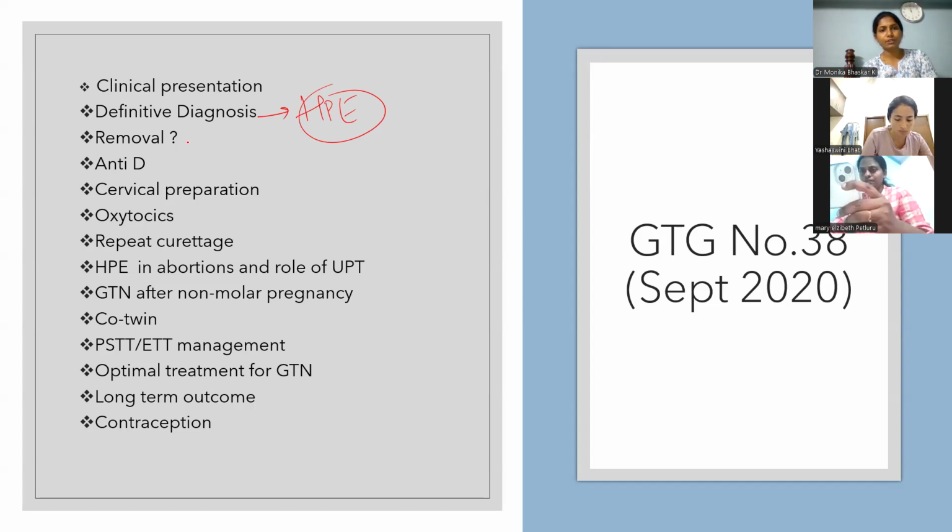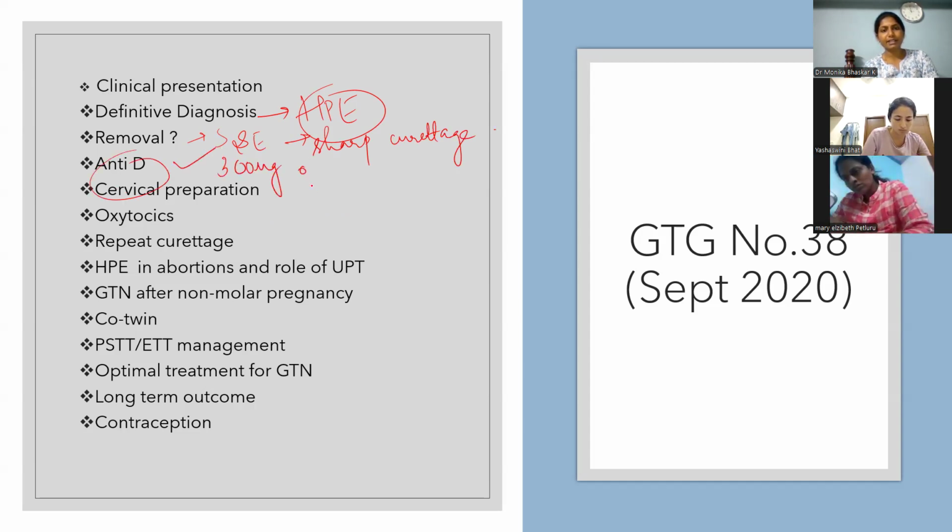And how do you remove? You remove by a suction evacuation followed by a sharp uterine curettage. And should anti-D be given? Yes. 300 microgram of anti-D should be given in molar pregnancies. But ideally speaking, it should be given only if fetal RBCs are present.